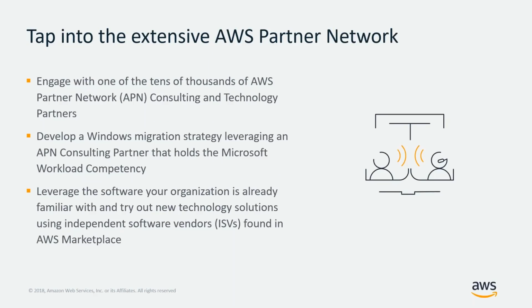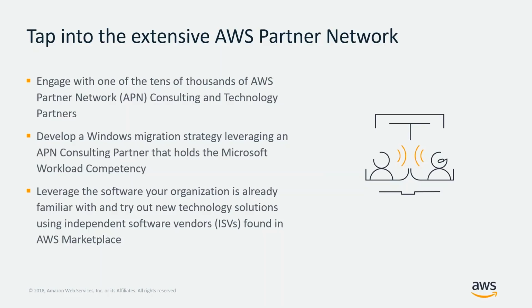And we talked about already the availability zones. And you can tap into the extensive AWS partner network. You can engage with tens of thousands of AWS partner network consulting partners, as well as ISVs and technology partners that offer many of the solutions. My team works directly with them. You can develop a Windows migration strategy by leveraging partners that hold specific Microsoft workload competencies.